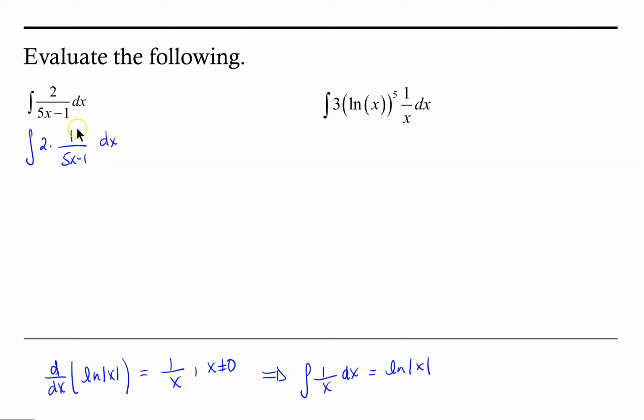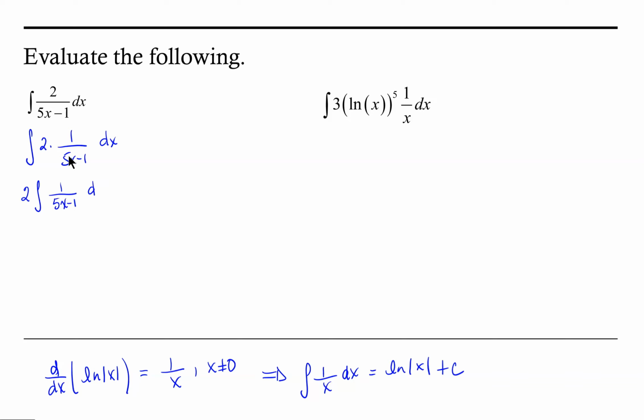We have 1 over something, and if we're wanting to integrate 1 over the variable, we know that the antiderivative is going to be the natural log of x. So this 2 really is just a constant multiple, so let's put it in front of the integral symbol.